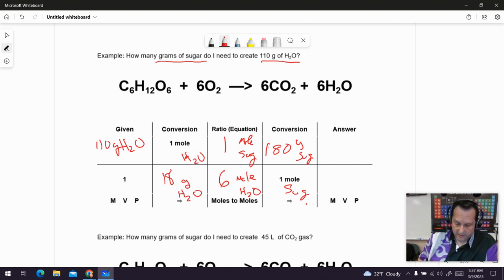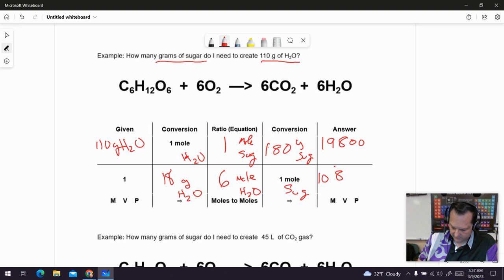On the top, I have 110 times 1 times 1 times 180. So I have 19,800, I'm sorry. On the bottom, I have 1 times 18 times 6 times 1 again. So on the bottom, I have 108.